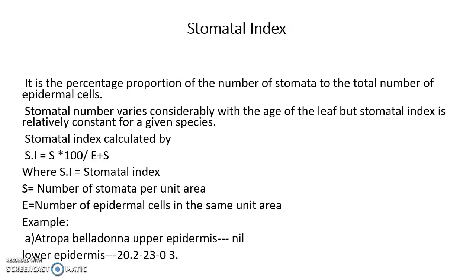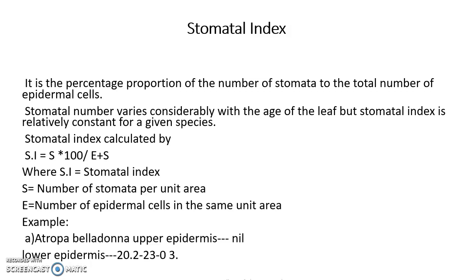Next is the stomatal index. It is the percentage proportion of the number of stomata to the total number of epidermal cells. Stomatal number varies considerably with the age of the leaf, but the stomatal index is relatively constant for a given species.